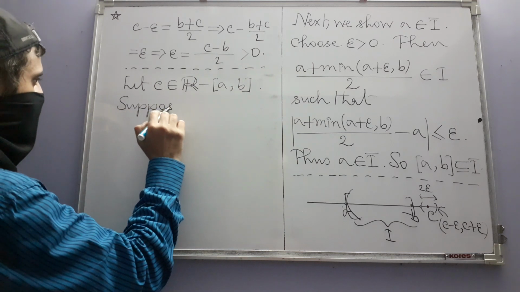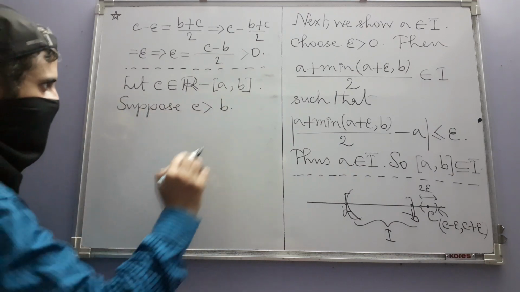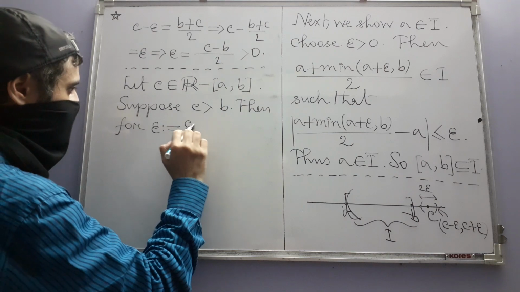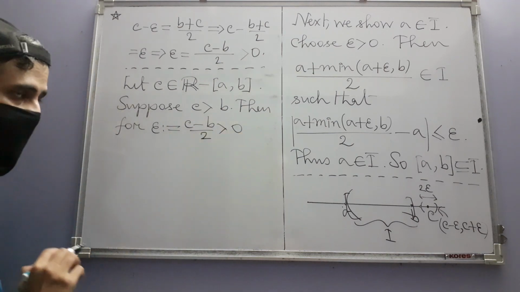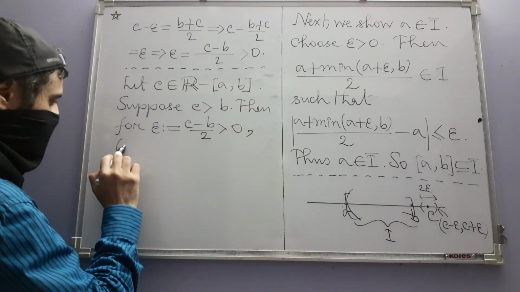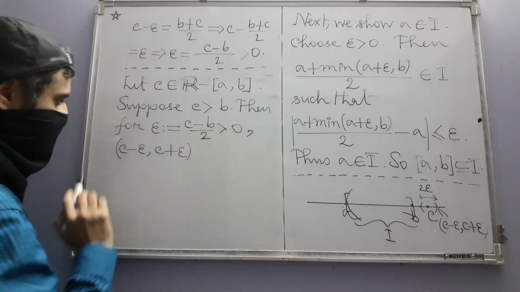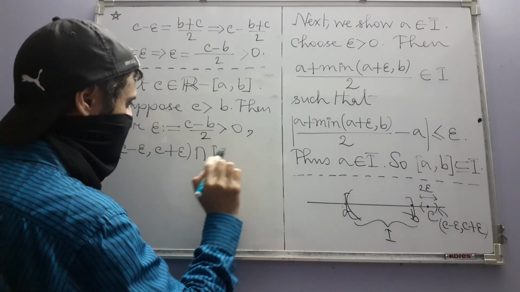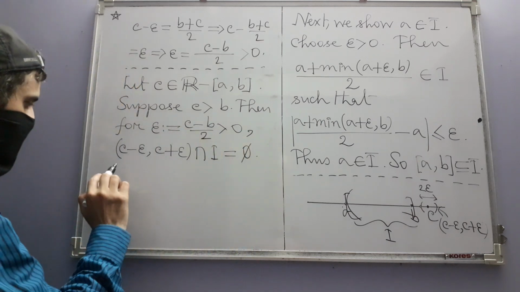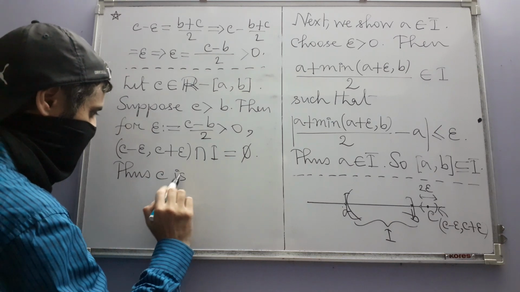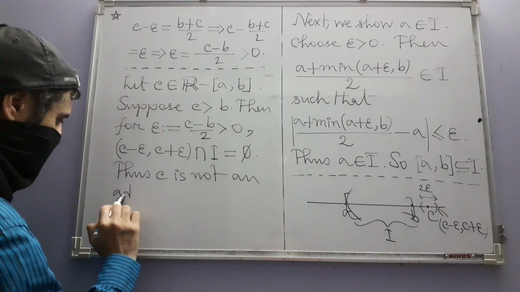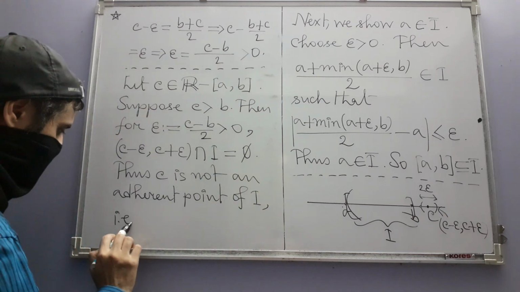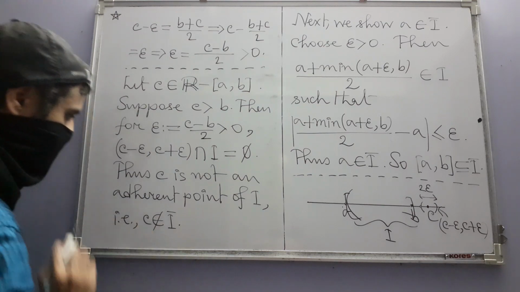Suppose C is greater than B. Then for epsilon equal to (C minus B)/2 greater than 0, the open interval centered at C and having length 2 epsilon is disjoint with I. Thus, C is not an adherent point of I, i.e. C does not belong to the closure of I.